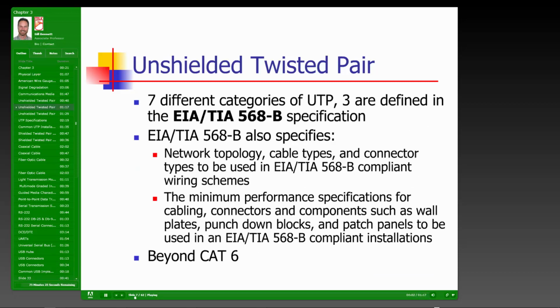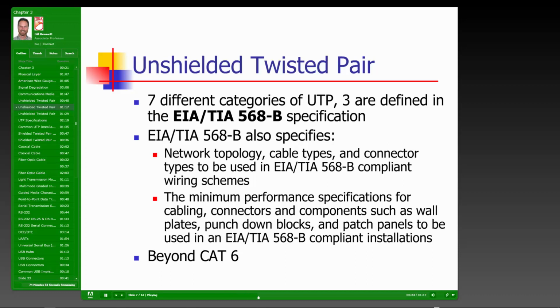There are 7 different categories of UTP cabling. 3 of them are currently defined in the EIA-TIA 568B specification. The EIA-TIA 568B specifies the topology, which is the way the cables get connected together to form networks, the cable types, and the connector types used in what is known as an EIA-TIA 568B compliant wiring scheme.